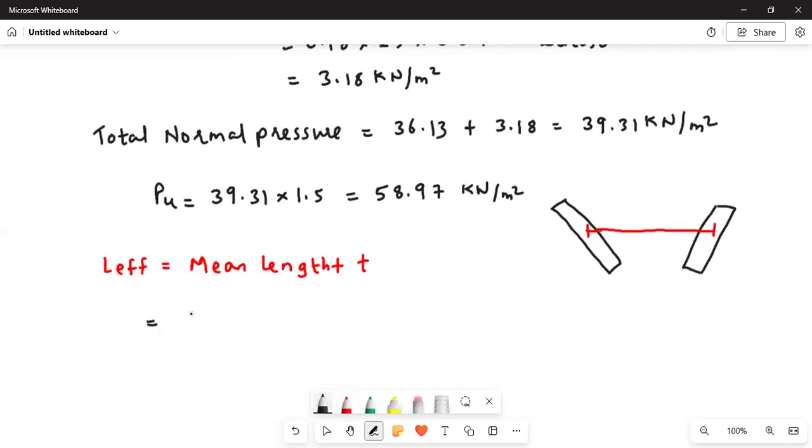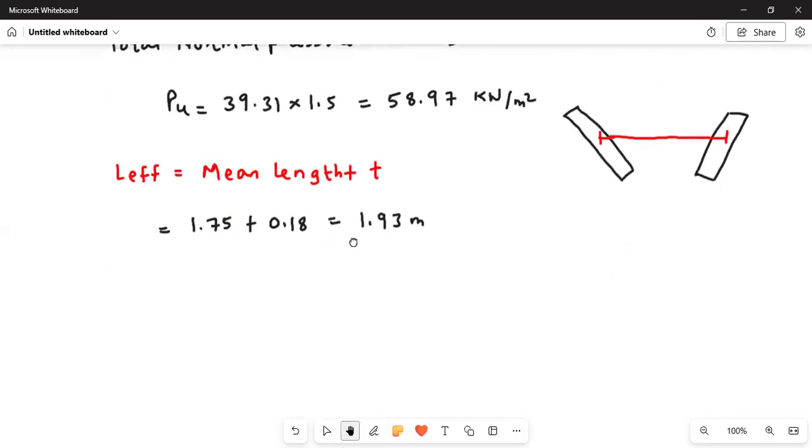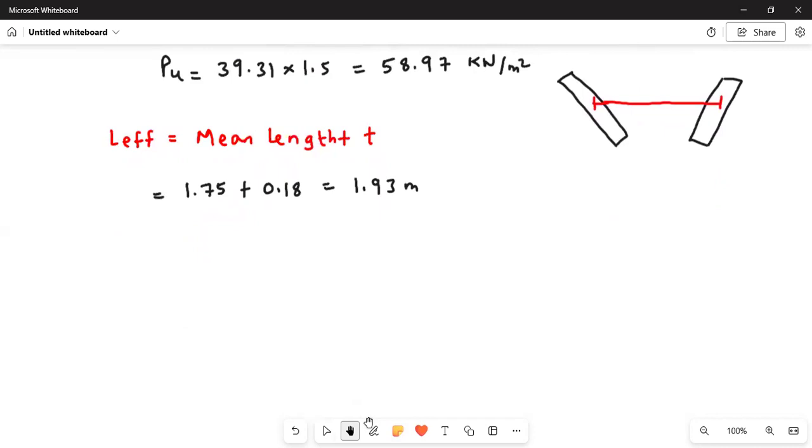Mean length is 1.75, which we have already calculated, and the thickness of the sloping slab is 0.18 in meter. So this is equal to 1.93 meter. Now we can find the bending moment.